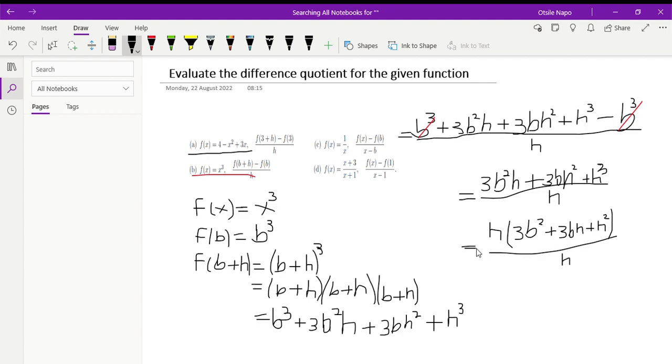Therefore, h will cancel h, leaving us with what we are having in the parenthesis over there. So we are having 3b squared plus 3b multiplied by h.